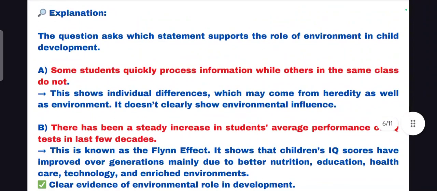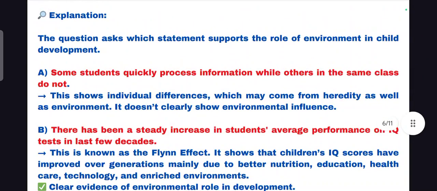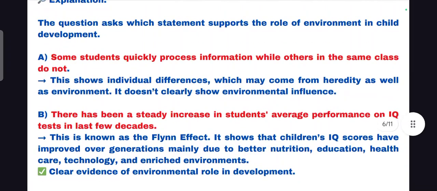the explanation of this answer is, the question asks which statement supports the role of environment in child development. So what is the first option? Some students quickly process information while others in the same class do not.